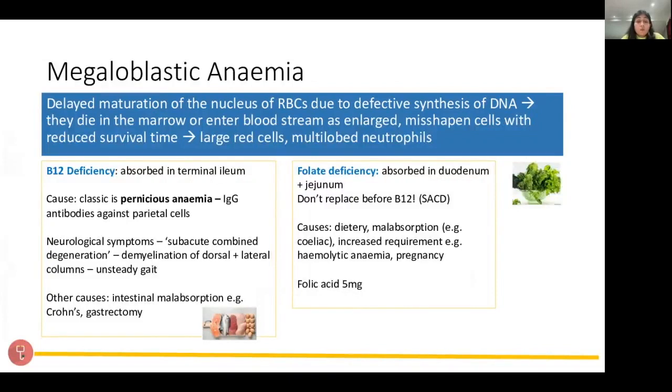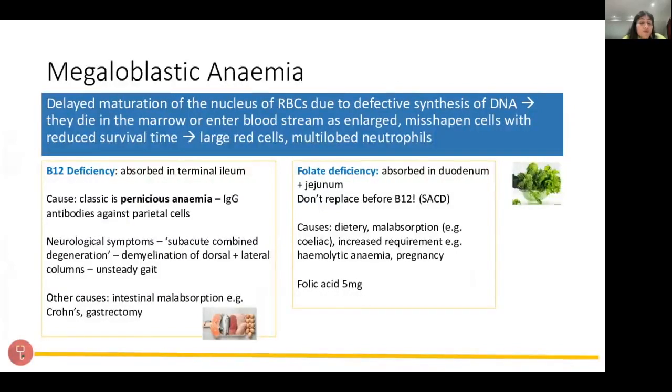So that's the sort of main cause of B12 deficiency to remember, alongside obviously, nutritional intake and being vegan, for example, or not having enough, as is in the photo, not having enough sort of eggs, meat, dairy products, etc.